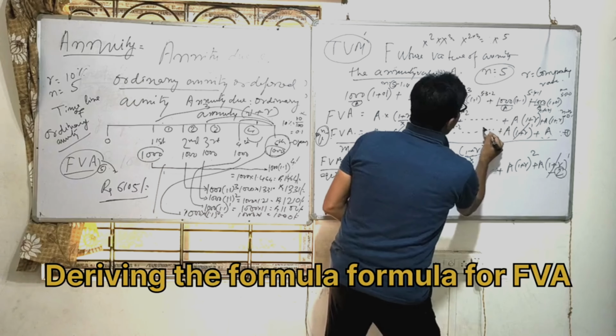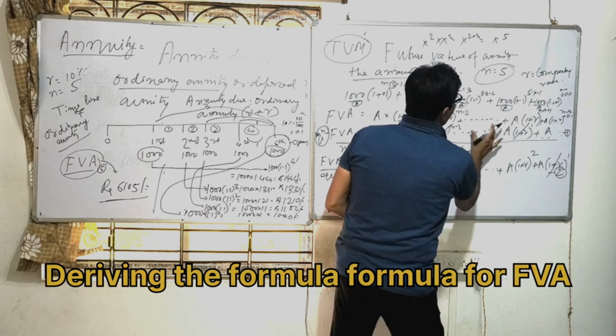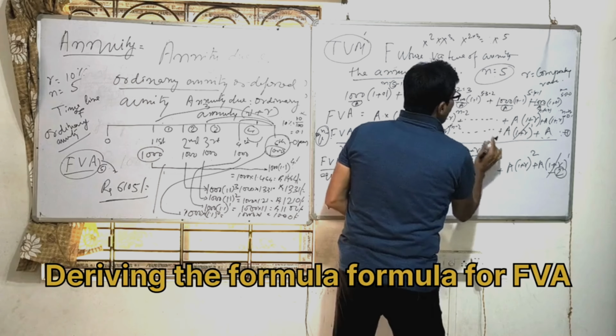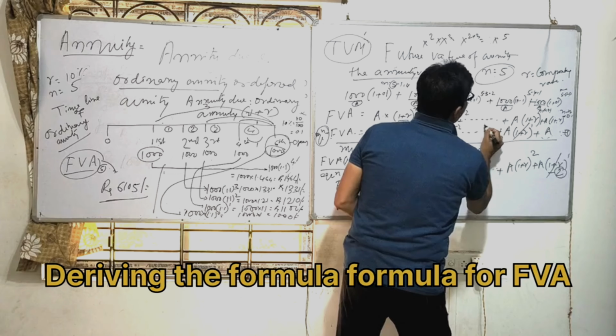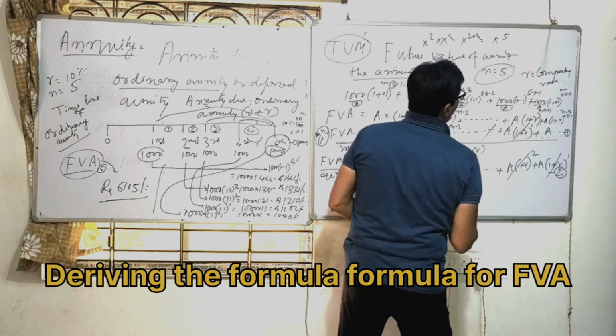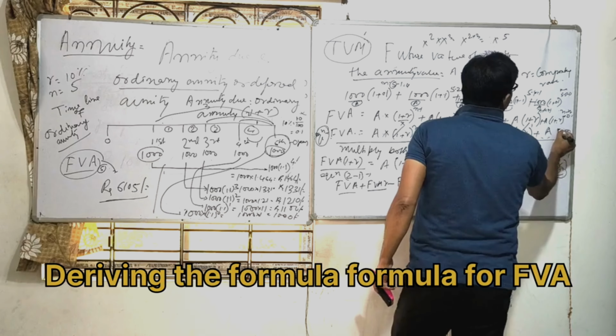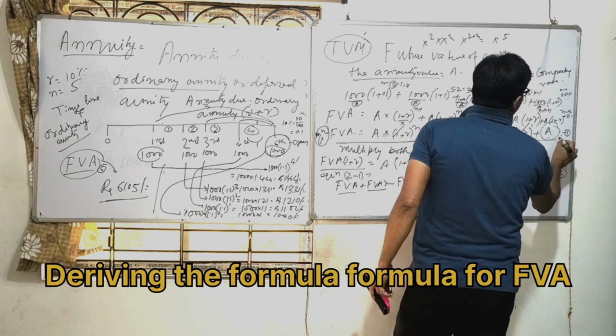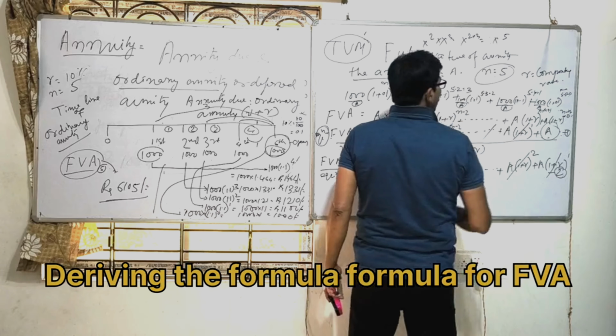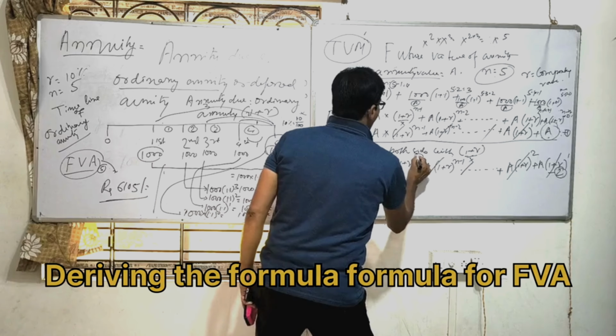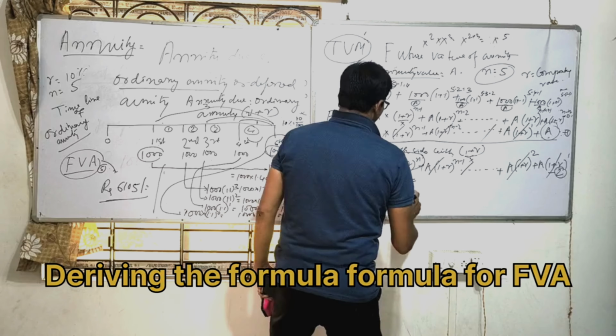Here also the previous number will be a into 1 plus r to the power 2, and this will be cancelled by this one. So we are just remaining with this one in the first equation and this one in the second equation.